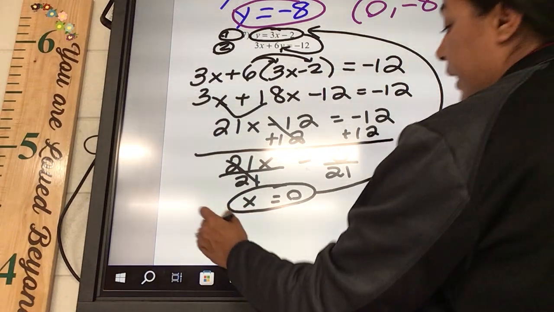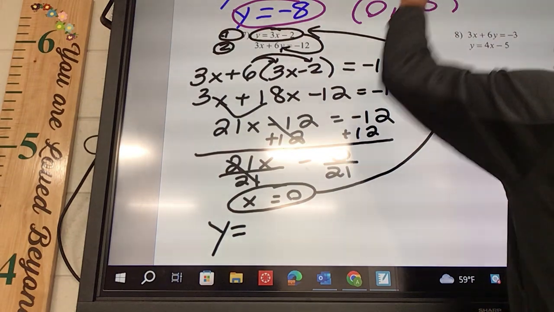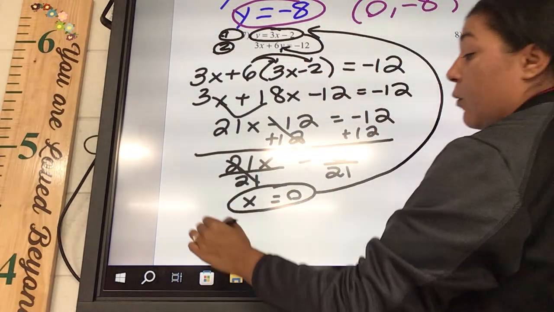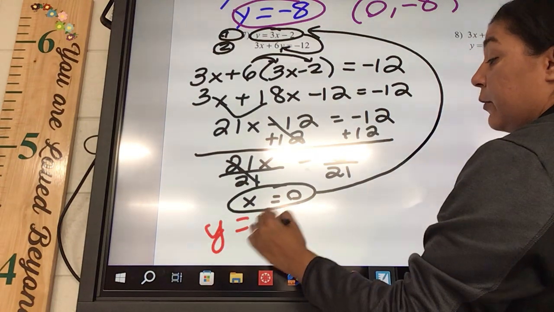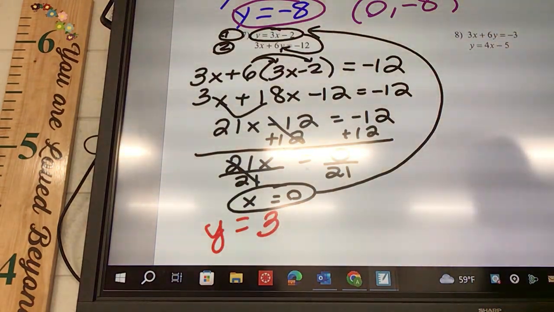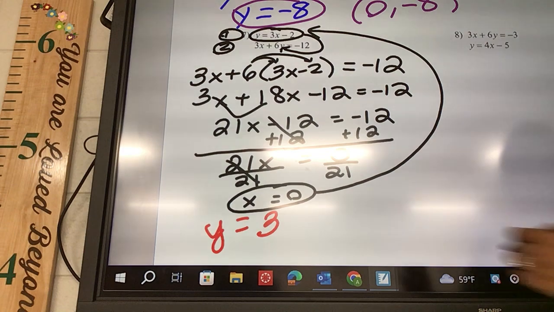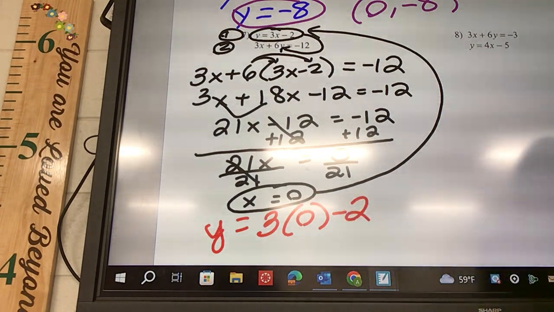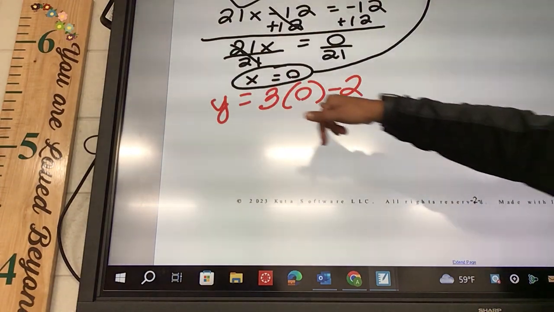So we get y equals 3. Instead of x, what am I writing? 0 minus 2. Again, this is the part that you can plug in your calculator.